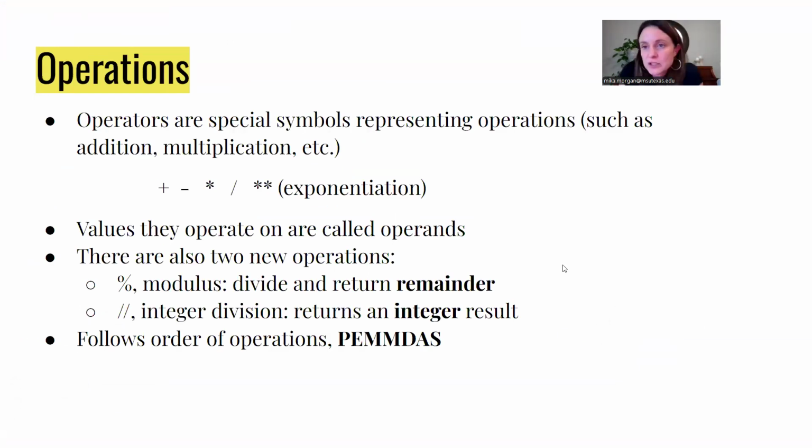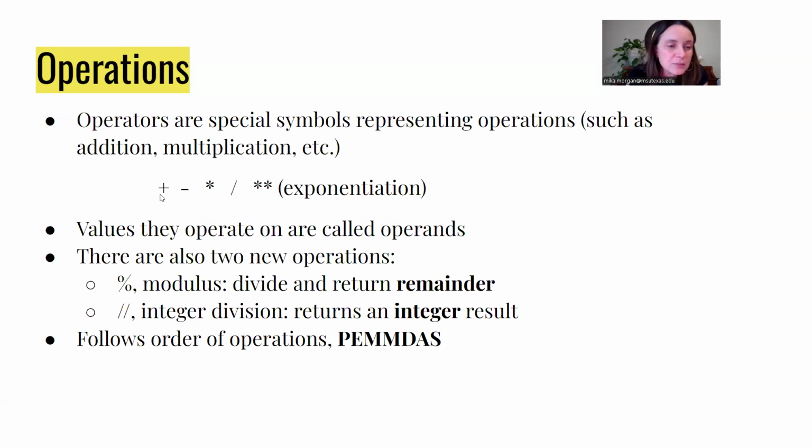Here is where we're going to do a little bit of math, and there are two or three mathematical questions on quiz 1, so I am going to spend some time going through examples. The operators are the special symbols that allow us to do mathematical operations.